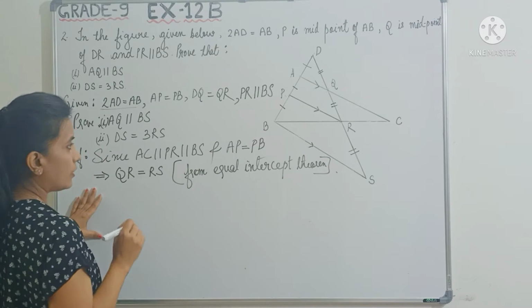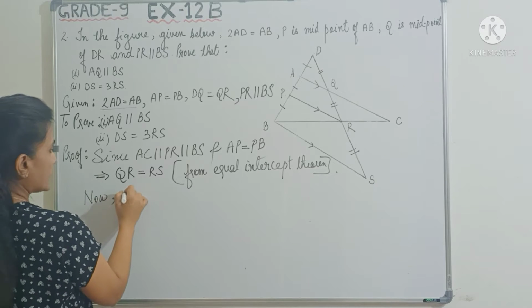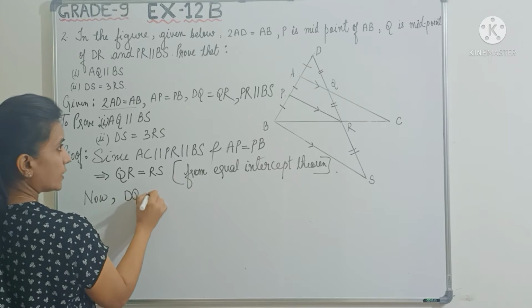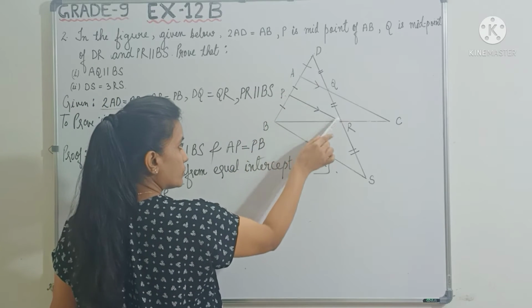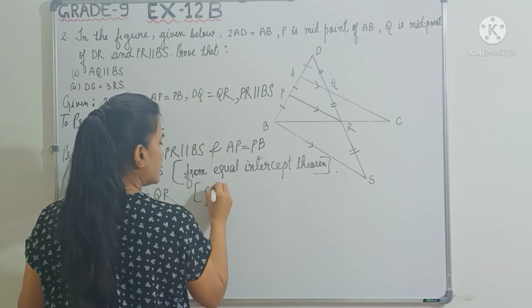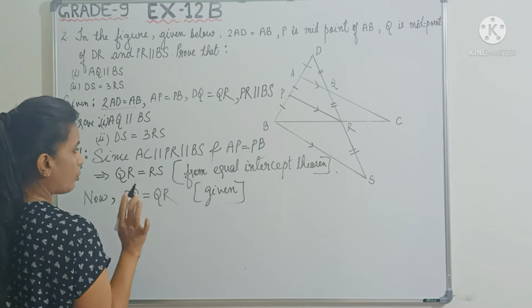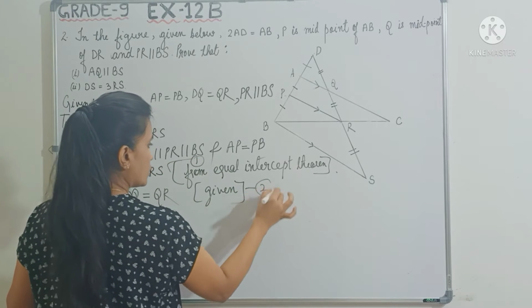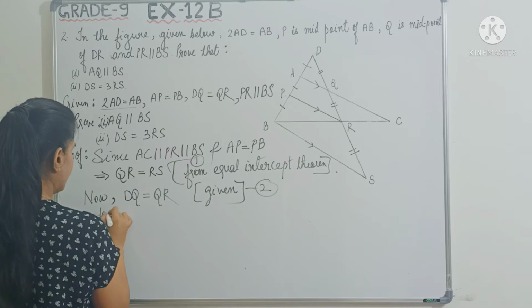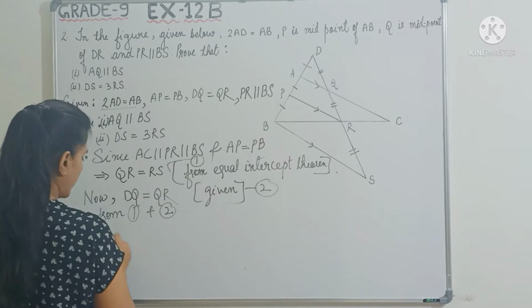Alright, now we know that DQ is equal to QR, right? Why are they equal? It's given in the question. So from 1, let's say this is 1 and this is 2, from 1 and 2, what can you conclude?